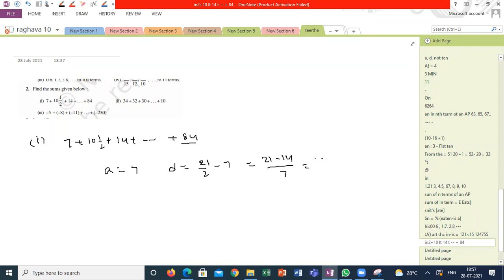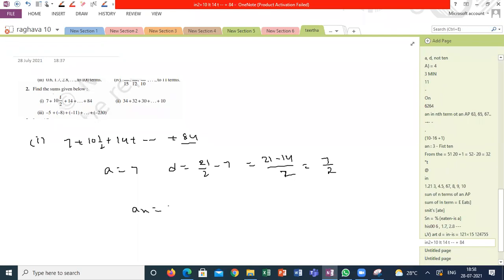What is the common difference? 21 minus 14 is 7, so 7 by 2. The common difference is 7 by 2, or 3 and half.